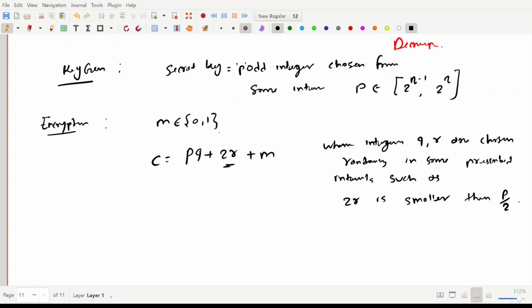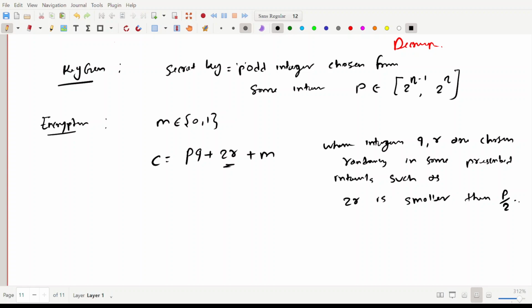You have to choose your R such that your 2R should be smaller than P by 2 in absolute value. Otherwise your decryption will fail. Otherwise, if you decrypt it, you won't get the message. We'll come back to that, don't worry.